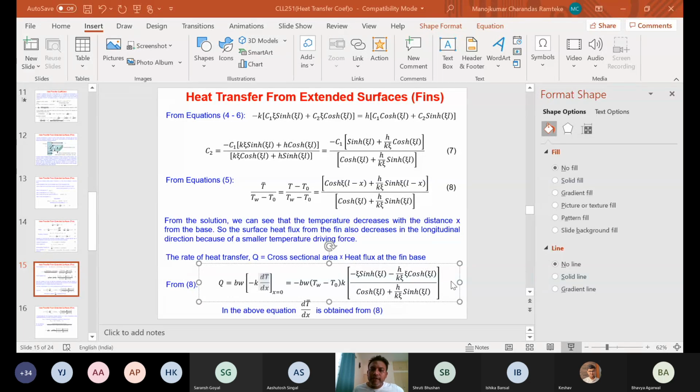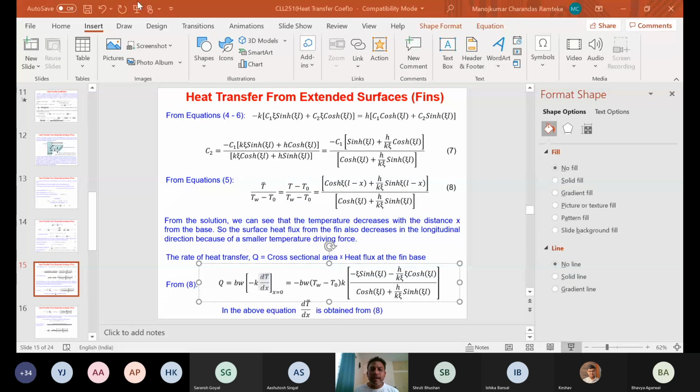So by putting this differentiation and then putting x equals 0, we get this. We differentiate equation number 8 and then put x equals 0. So what we will get is this factor. Here this minus sign and this minus sign will get cancelled out.